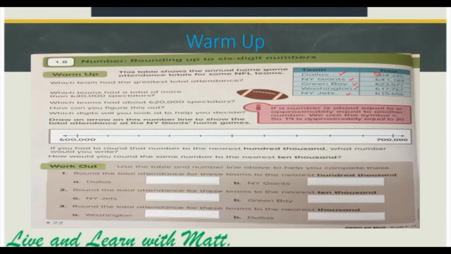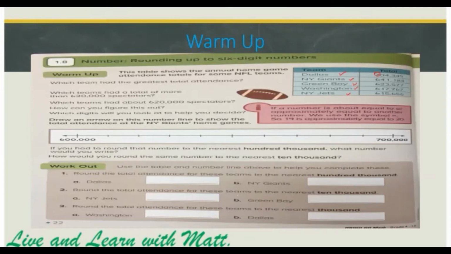Which teams had a total of more than 630,000 spectators? We have the Dallas and the New York Giants. Which team had about 620,000 spectators?